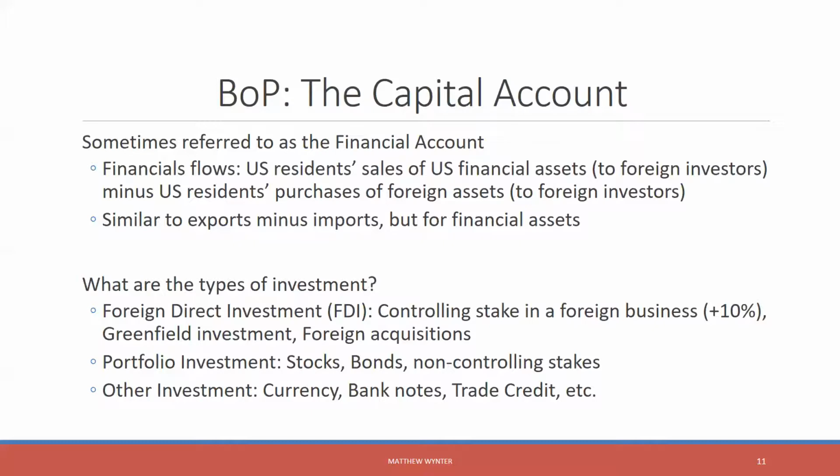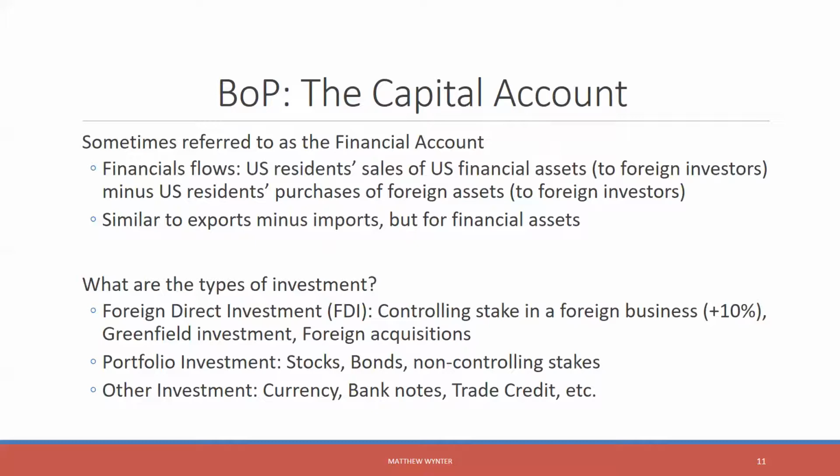What are the types of investments? First, we have FDI. FDI is when you have a controlling stake in a foreign business. As a general rule of thumb within the literature and public policy, we generally think of this as an investment of 10% or more of ownership within a firm. That also includes greenfield investment.